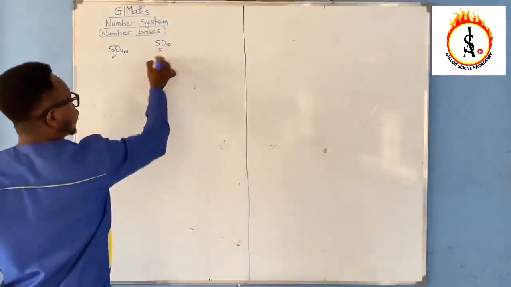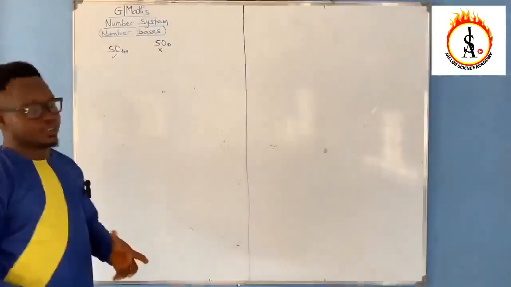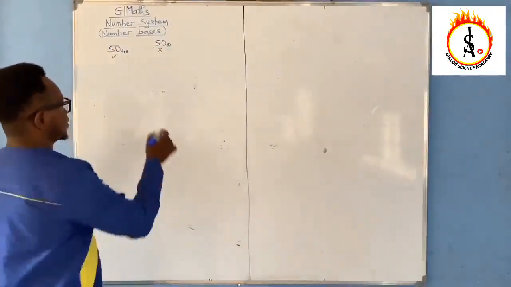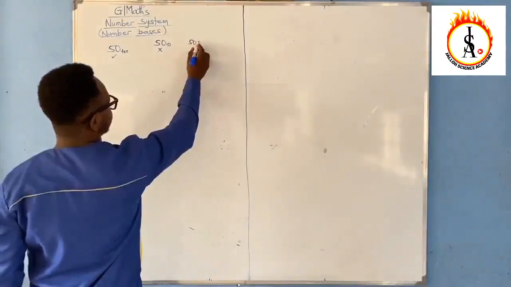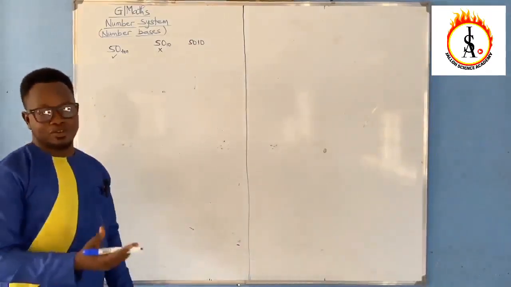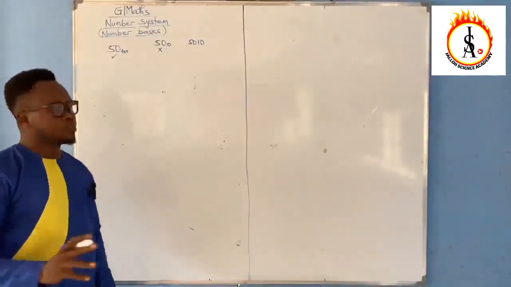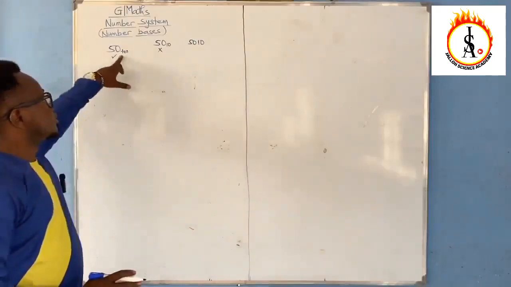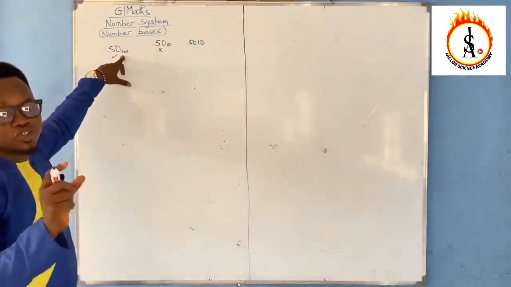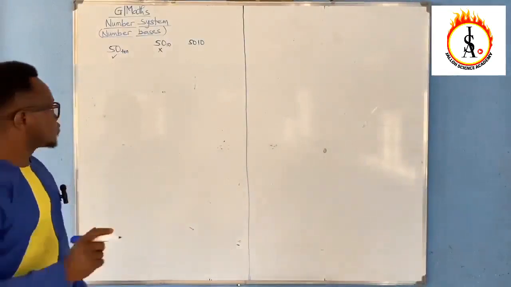Well, it is not that the other is wrong, but it is to avoid confusion, because most students, when they write this, they'll tend to write it as 5010, instead of 50 base 10, it now becomes 5010. So that's the reason it is advisable that you write the base subscript using the wordings other than the numbers.